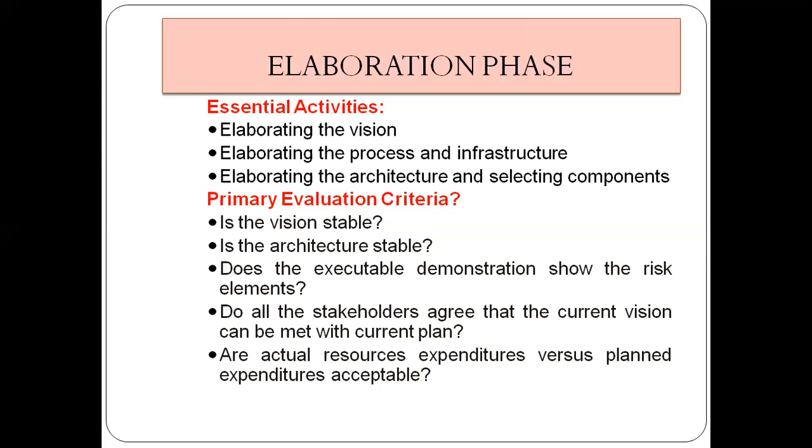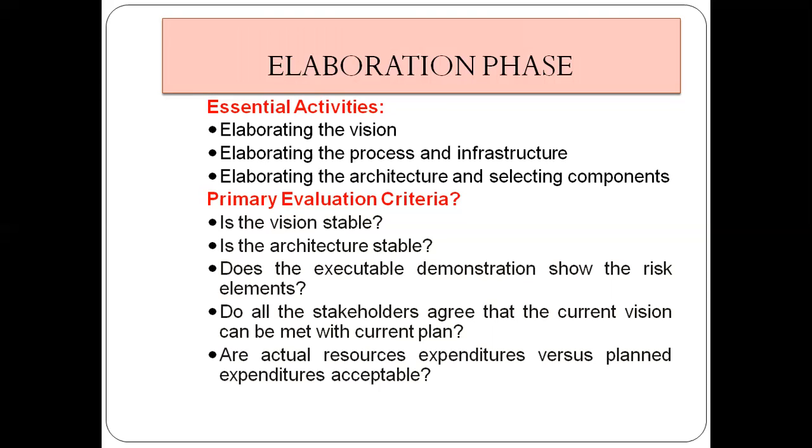And you have to see whether your architecture is stable, and based on the requirements, whether it is a correct architecture baseline or not. Then we have to check the executable demonstration, and any elements of risk, in the elaboration phase itself.